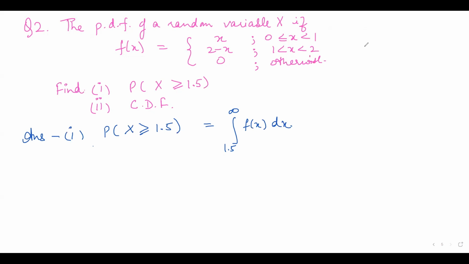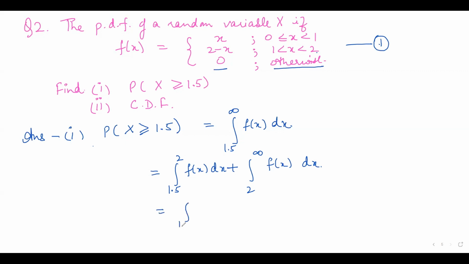Now using the first equation, I can split this from 1.5 to 2 and then 2 to infinity. As we know, from 2 to infinity it is 0, and from 1.5 to 2 it is 2 minus x. So I'll just substitute the values here.